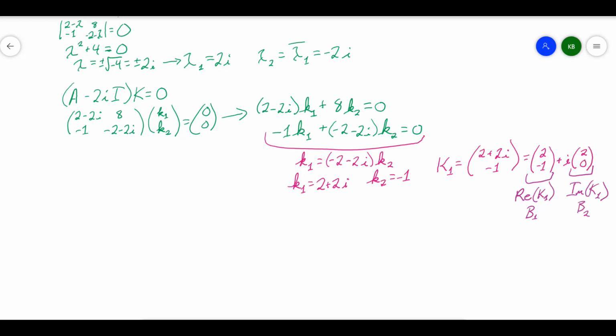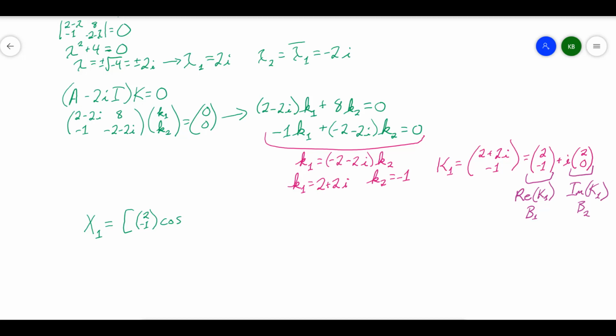So I don't actually have to find the eigenvector for my second eigenvalue since they're conjugates of each other. I really just had to find the one so that I could pull it apart, get this real and complex part out, and then I can use my theorem to find my real solution. So I have x1 is going to equal b1. In this case, my b1 is 2, negative 1, that real part, times cosine of beta t.